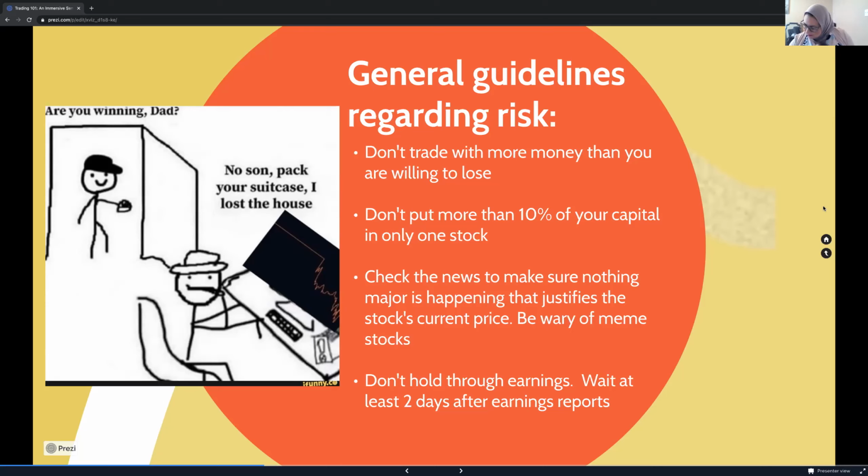Like, for example, Cody, a really good example for me. I was too busy and I didn't follow my method. And so I jumped in too early after earnings. And of course, what happens, it dropped even more. And so my entry, and we all will make mistakes, by the way, right?